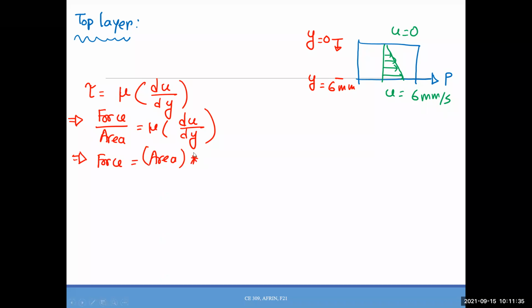Now, if you look at the given values, I don't know the mu value. I know something else, which is nu. So I need to connect the mu and nu. And the connection is, we covered in our last class, mu equals nu times rho.